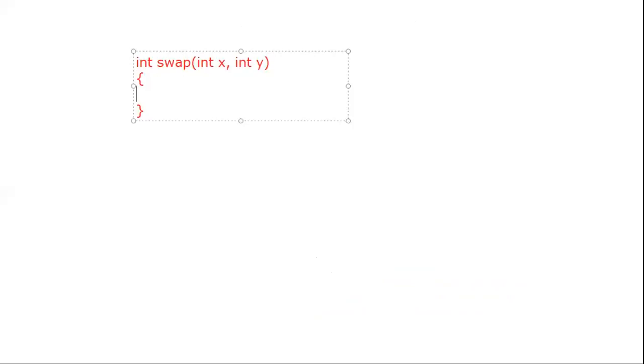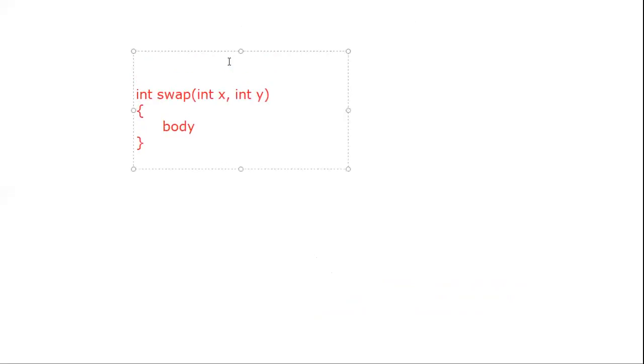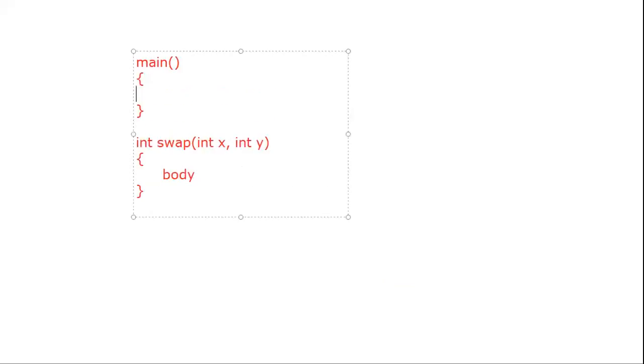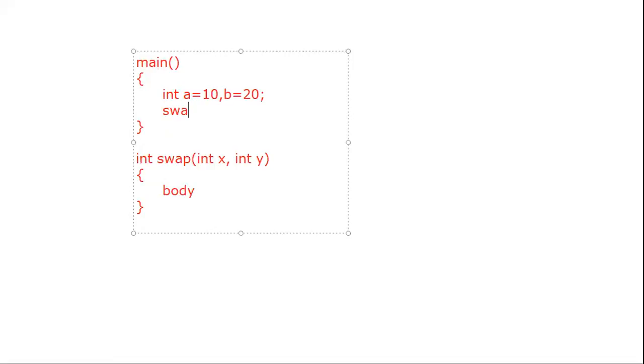This is nothing but the body part of that function. Before this, I will write the main of the program, and inside main I use two different variables, a and b as 20. Then we call the function and pass both the variables.